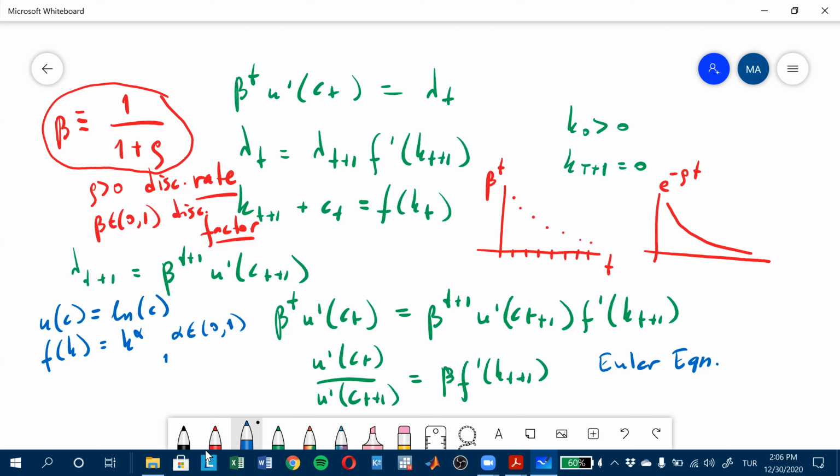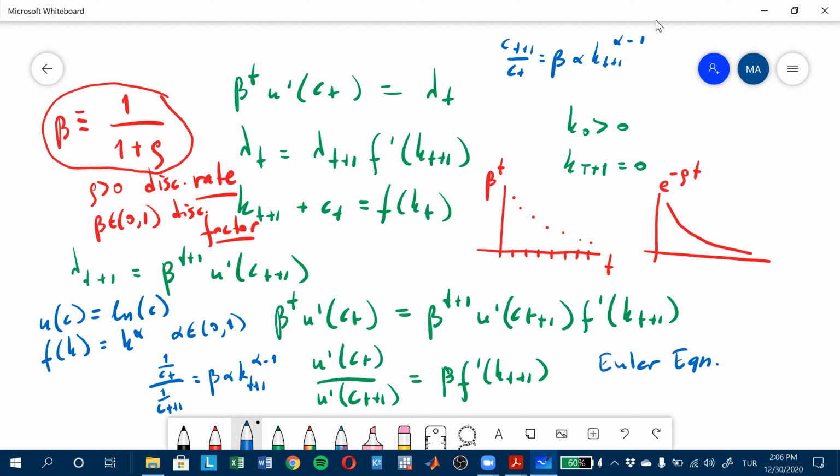You have 1 over c_{t+1} equals beta times alpha k_{t+1}^{alpha-1}. In other words, you have c_{t+1} divided by c_t equals beta alpha k_{t+1}^{alpha-1}. So that becomes your Euler equation.